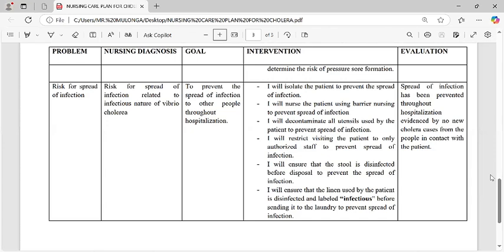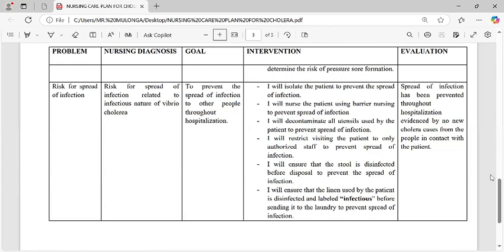So remember, the stool is infectious. So before it is thrown away or disposed of, you have to ensure that that stool is disinfected. You might not be the one disinfecting it, but you have to ensure that before disposal, it is disinfected.